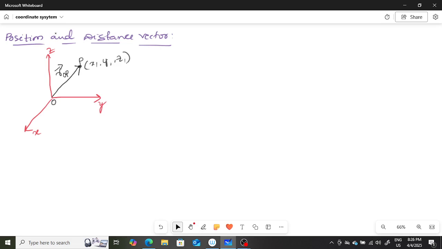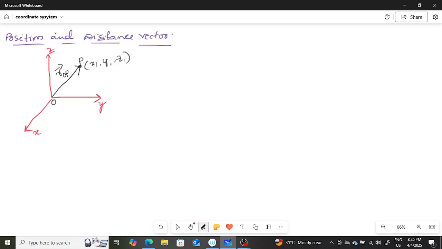Observe carefully the suffix I am writing. Why OP? Because the starting point of the vector is at point O and the terminating point is at point P, and the vector name I am giving is r, so r OP.